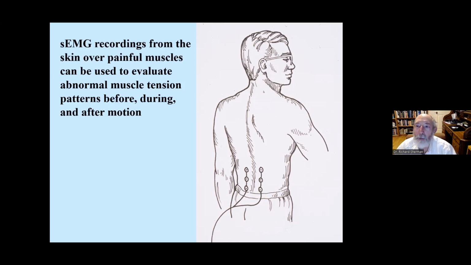This gets a little more complex. So I'm sort of going to the next level of the evaluation now. What if the pain in your back is caused by arthritis? If you have pain, you tense your muscles.